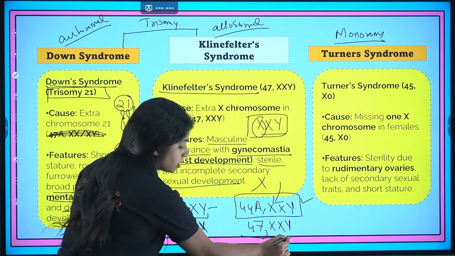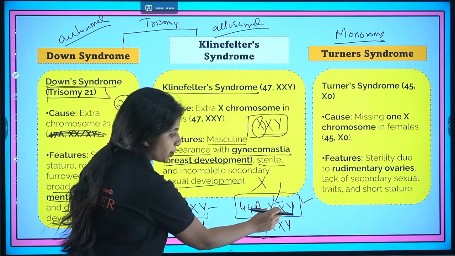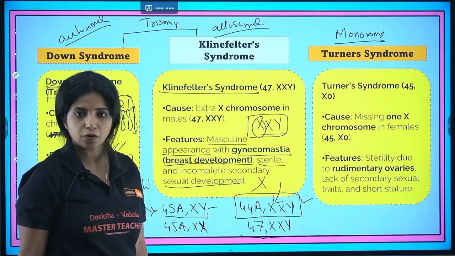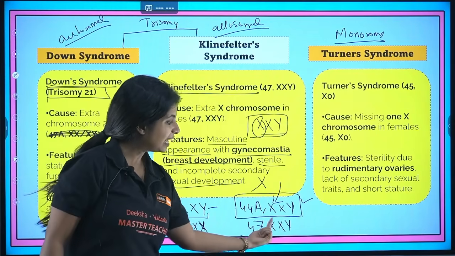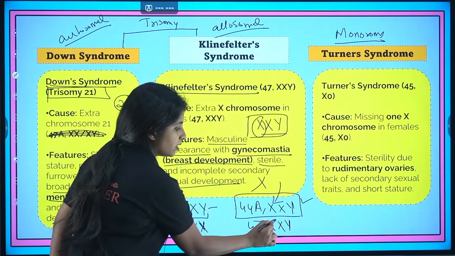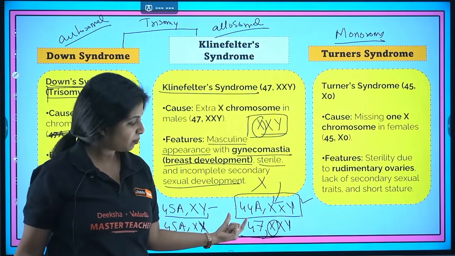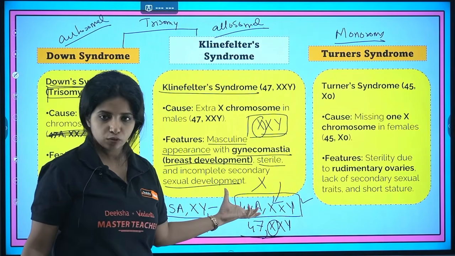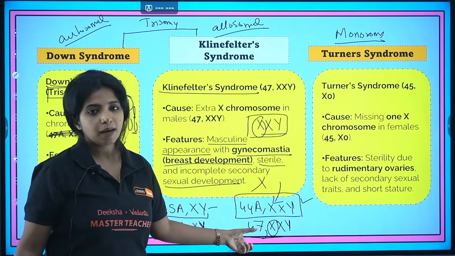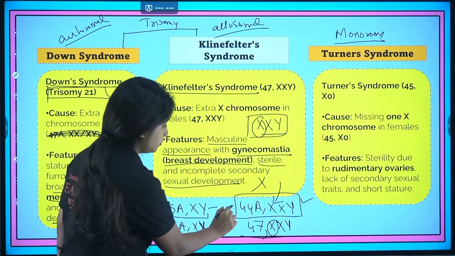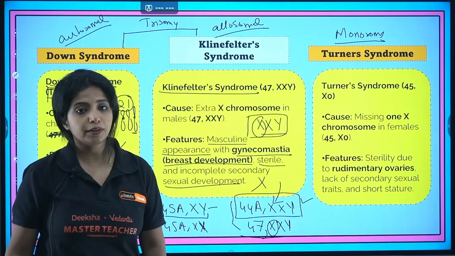You can also write it like this, 47 as in 44, 45, 46, 47 chromosomes are there in total. So 47 and then you write XXY. So which is the extra one? You get to know it is the X chromosome out there. So either this or this. I'll prefer everyone remembers better in this way. You can write this, but in the options, if at all you're getting, please go with either of them. Cool. This is again allosomal trisomy.